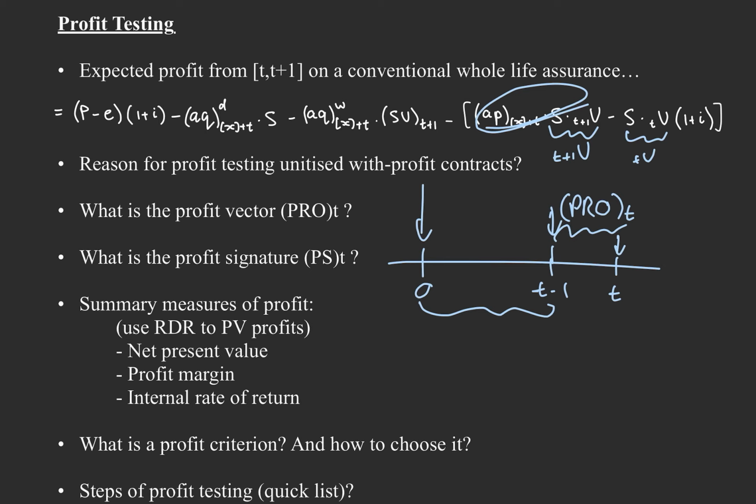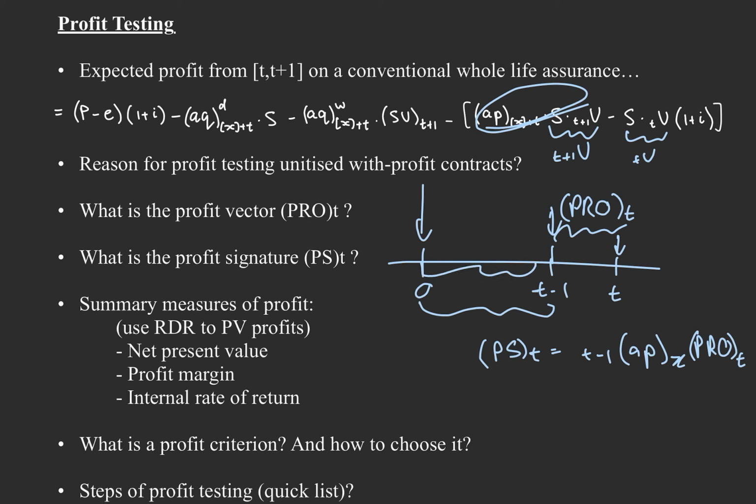So in order to move from profit vector to profit signature, what we have to do is this. The profit signature at time t is going to be equal to t minus 1 APX times the profit vector. Now this here is the profit vector, and this just takes into account the time interval that they have to survive as well.